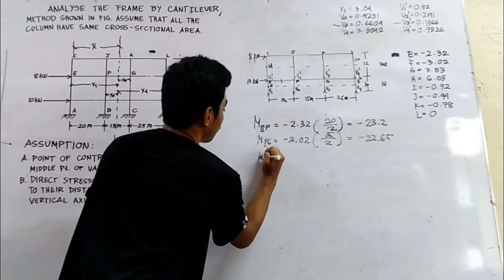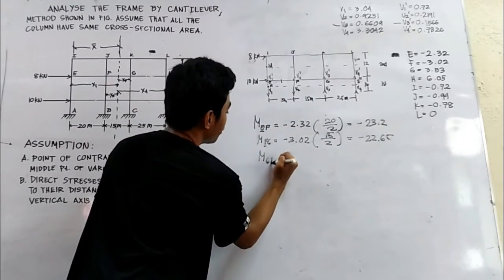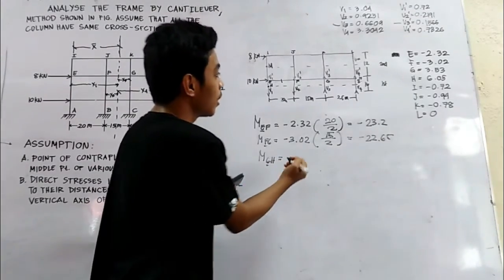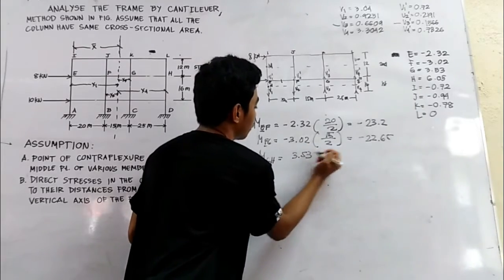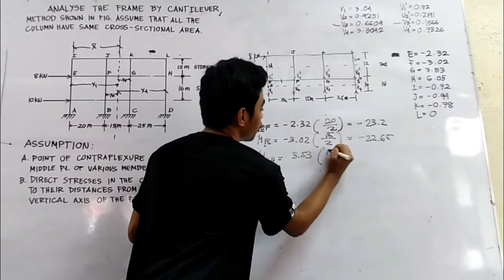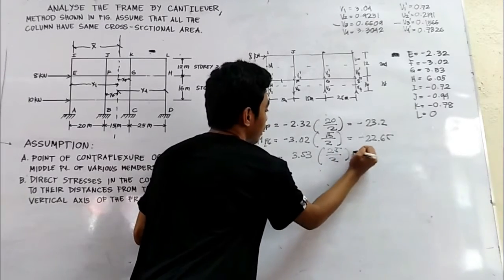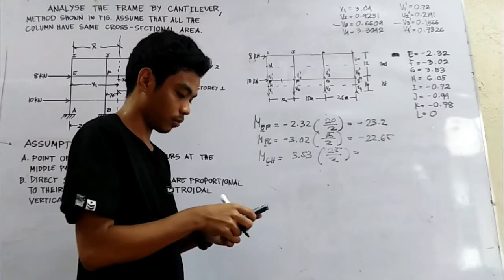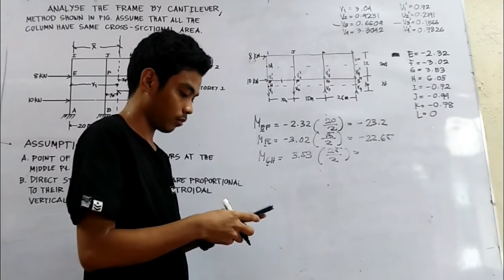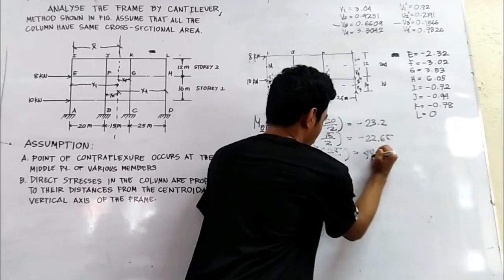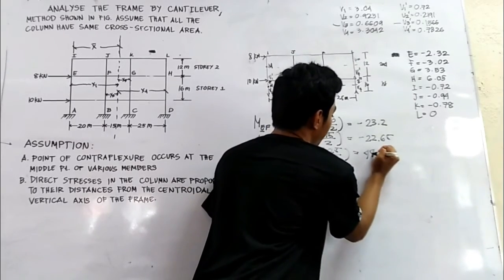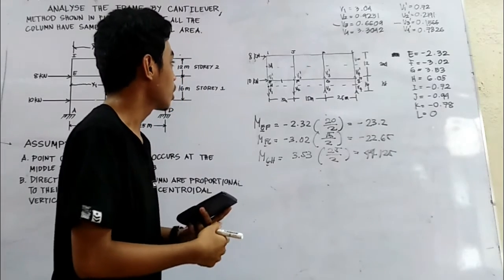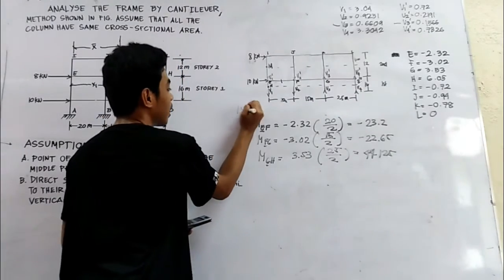The next, moment of member GH, is equal to yung value natin ng letter G is 3.53 times yung span, which is 25 divided by 2, is equal to 44.125 doon sa moment ng member GH. So next, yun pala yung sa may first story natin.